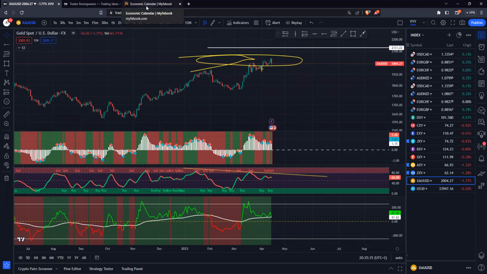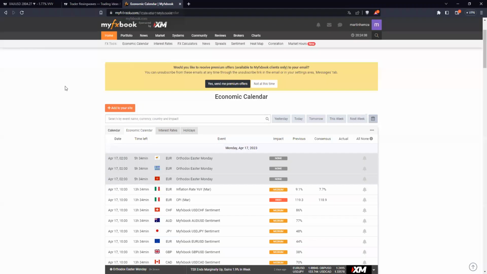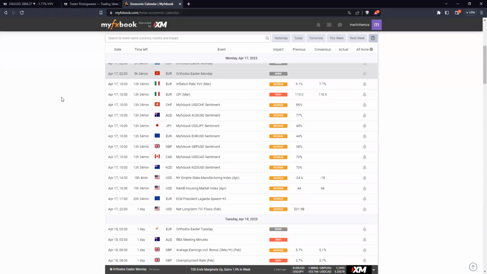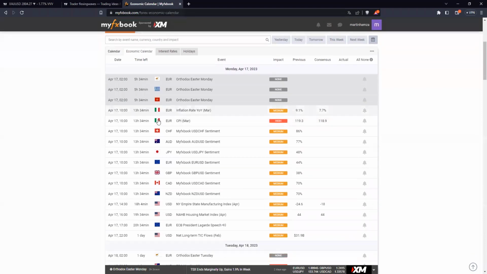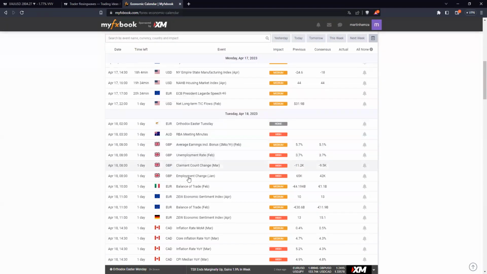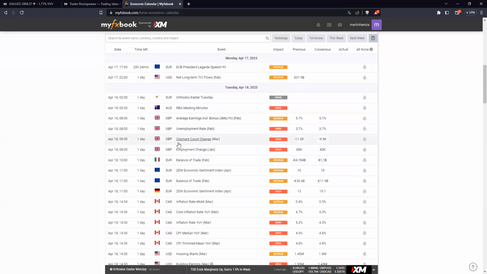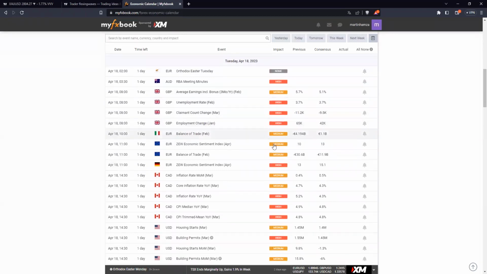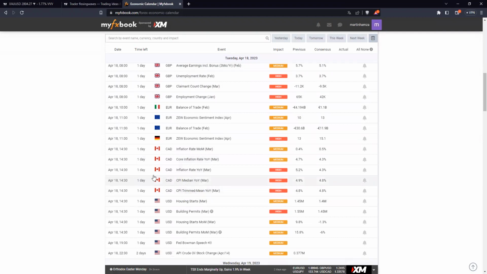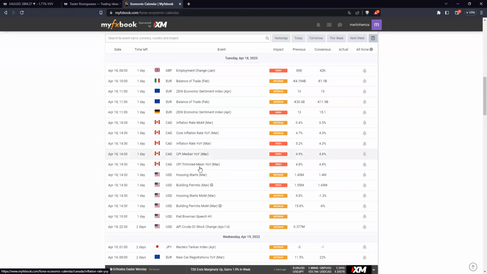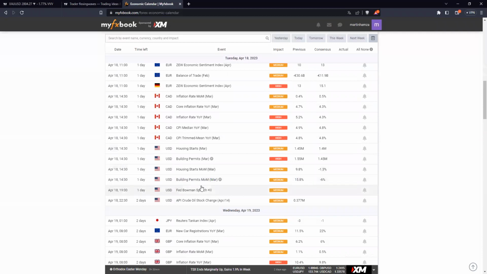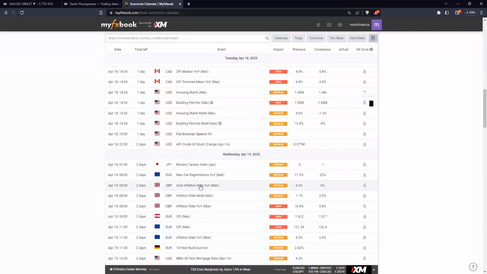One more thing: economic calendar. See what we see on the economic calendar: the CPY on the euro, GBP news, not that big. RBA, this could be interesting at 3:30. And the CPY of the Canadian dollar could also be interesting. For the rest, not much to see.